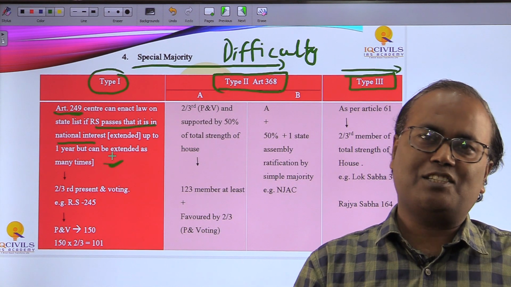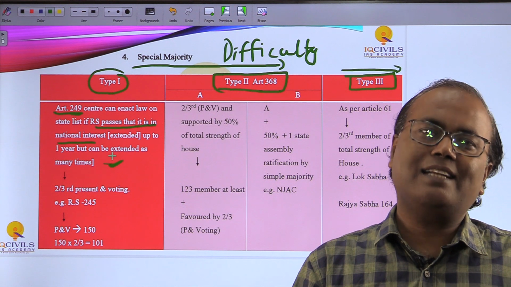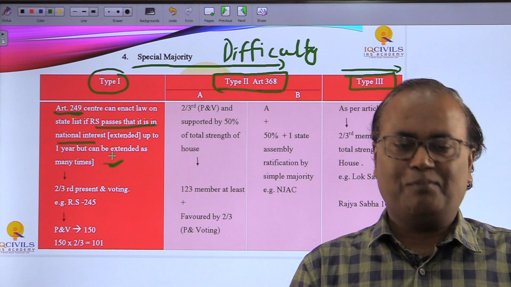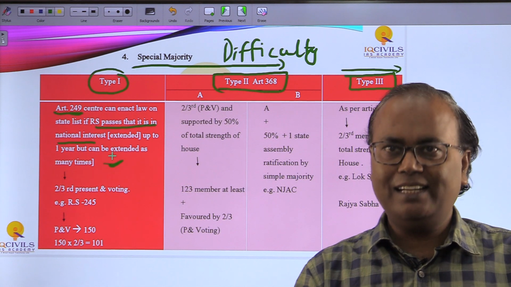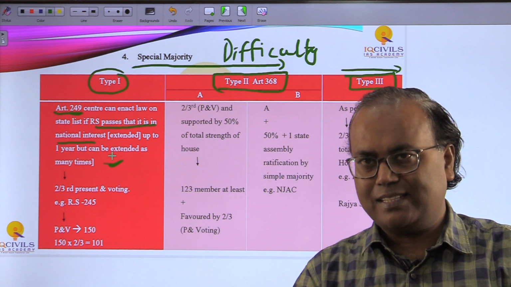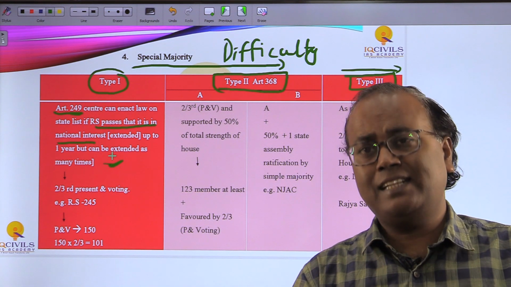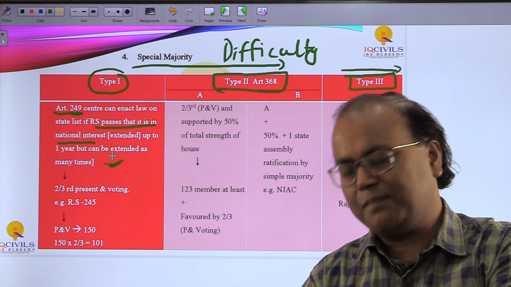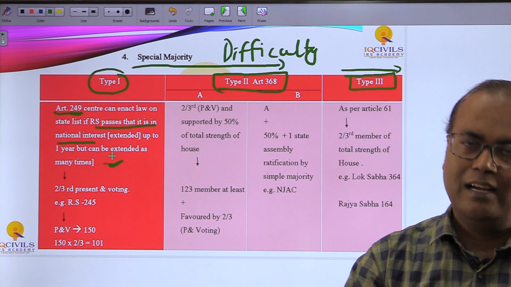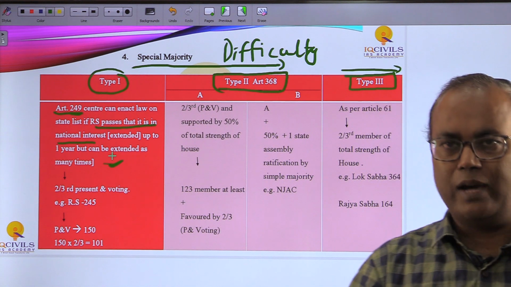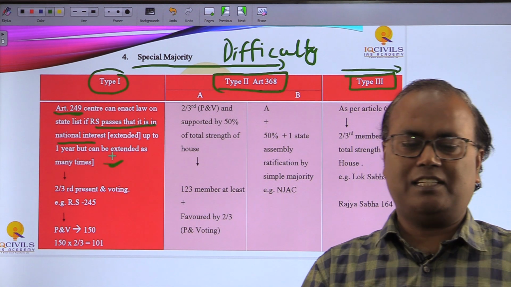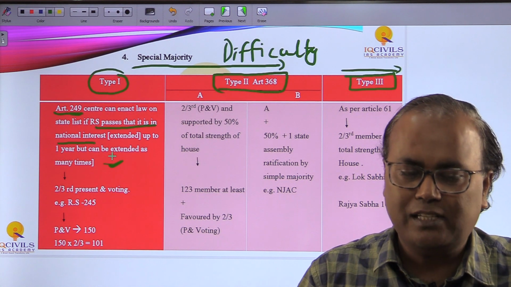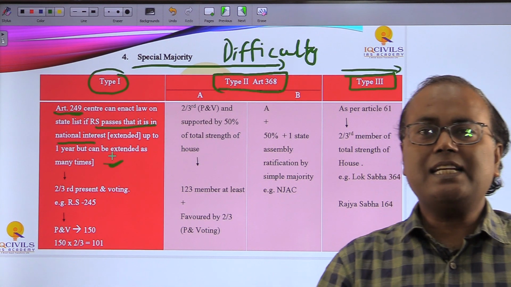So in a general situation, only the state legislature can enact law on the subject given in the state list. But here in the case of 249, once the Rajya Sabha passes a resolution that it is in the national interest that Parliament should enact law on the subject given under the state list, certainly the Parliament can do so, and for the passing of such resolution, it requires the special majority of the kind of present and voting.